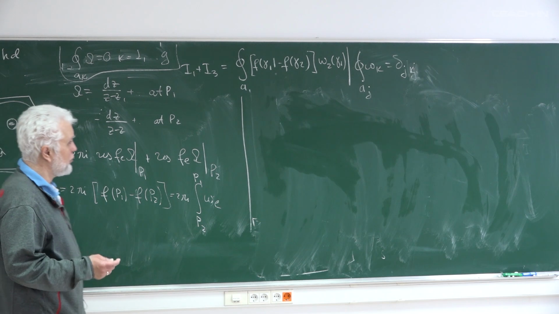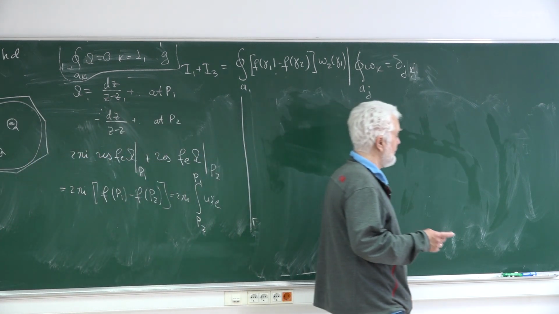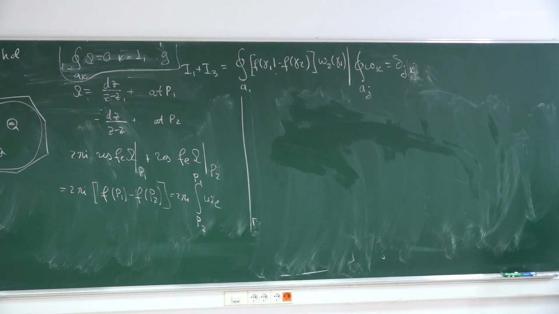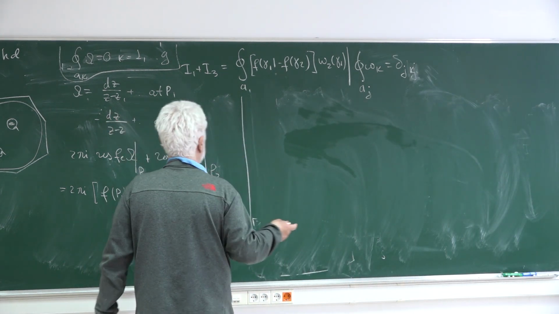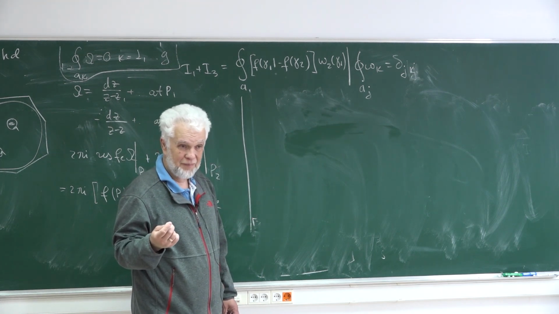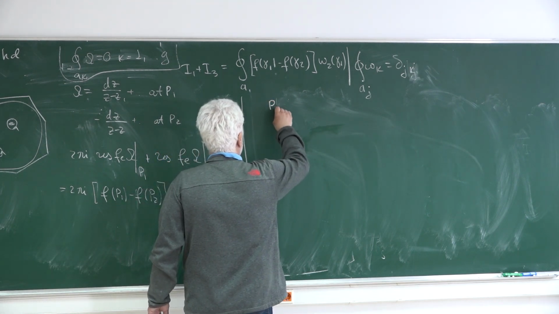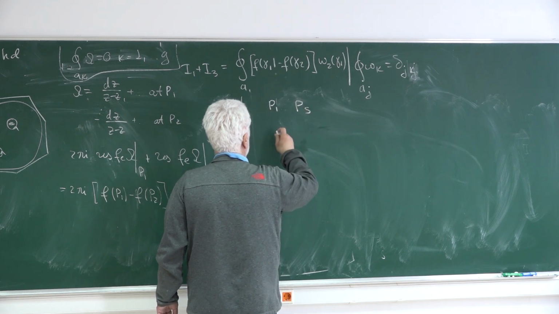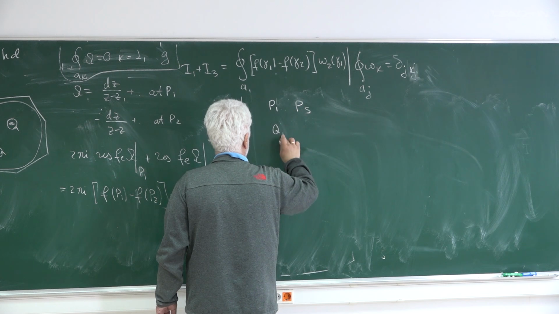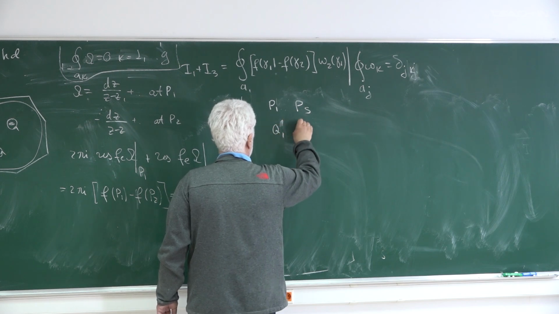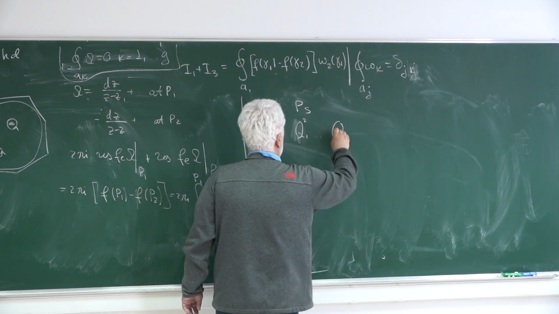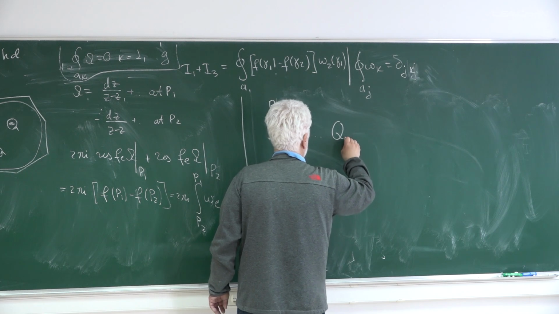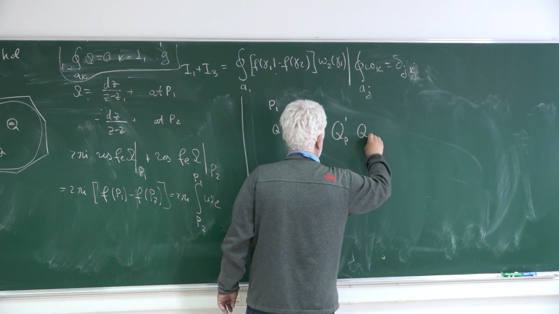Now, let me prove the following. Let me prove two lemmas, nevertheless. Lemma 1. Assume that we have some collection of differentials of the second and third kind. We have a collection of points P1, ..., Ps, and we have pairs Q1, Q2, and so on.